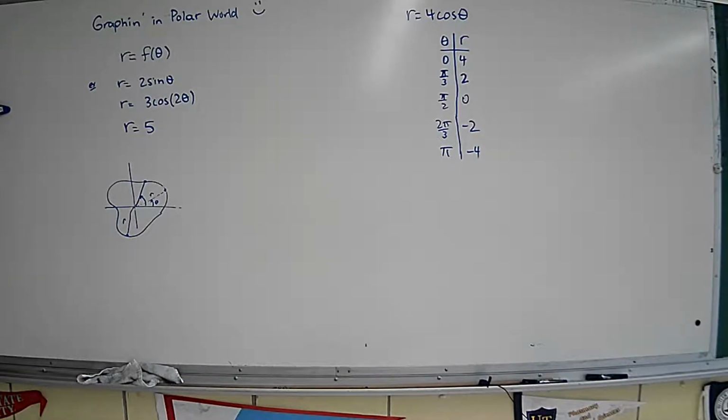At pi, which is right here, the graph's not over there. But the calculation says r is -4. That puts me back here. I made one complete circle, but I only made theta go from 0 to pi.